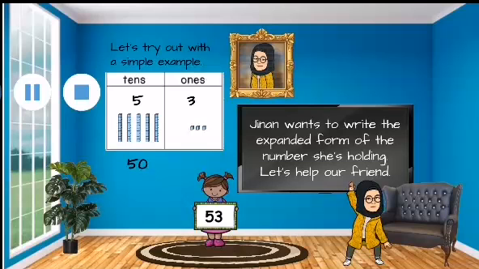The value of 3, because it's in the ones place, will stay 3. Now, we didn't write an expanded form because something is missing. To write an expanded form, we should put the addition sign between the values. So, 50 plus 3, now it's an expanded form.